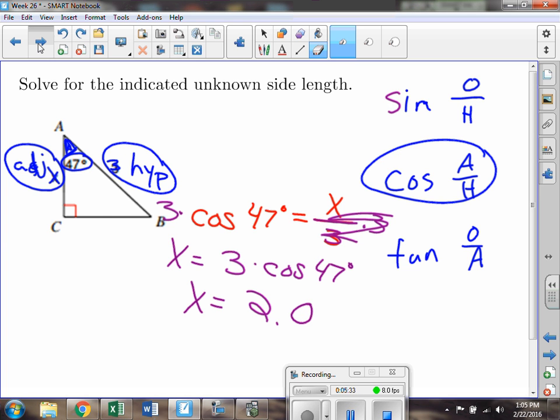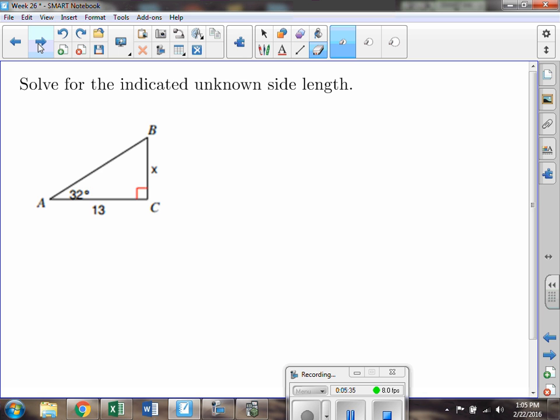Let's continue to our second example. Start by looking at the sides. Do we have sine, cosine, or tangent? Which comes from, do we have opposite, adjacent, or hypotenuse? Which pieces do we have? We have adjacent, which is where?